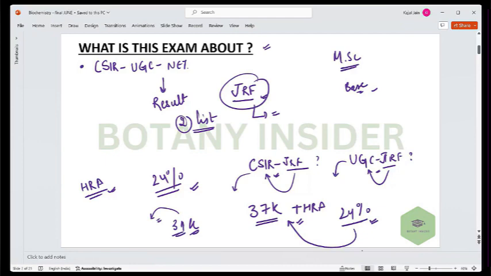Very first thing. Second thing, you all must have heard about something. It is JRF and one thing is SRF. What is the difference between the two? JRF is Junior Research Fellowship. SRF is Senior Research Fellowship.